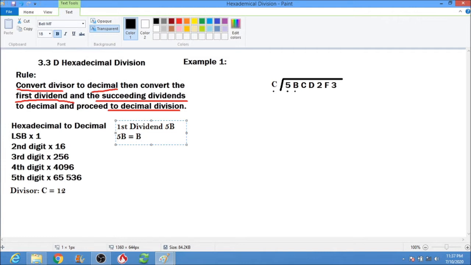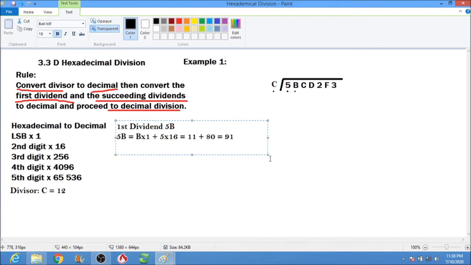B times 1 plus 5 times 16. B is 11, and 5 times 16 is 80, so this becomes 11 plus 80, which is equal to 91.